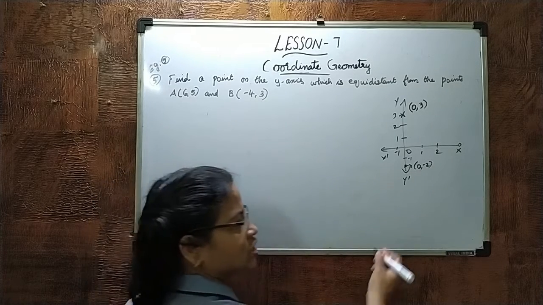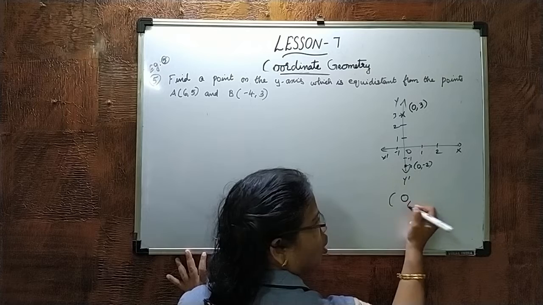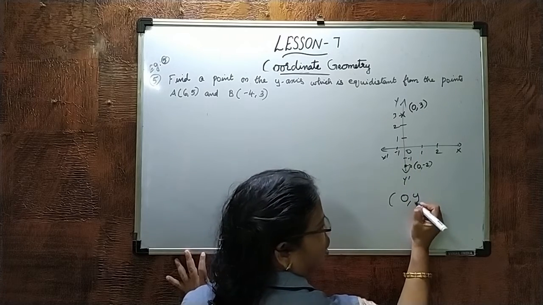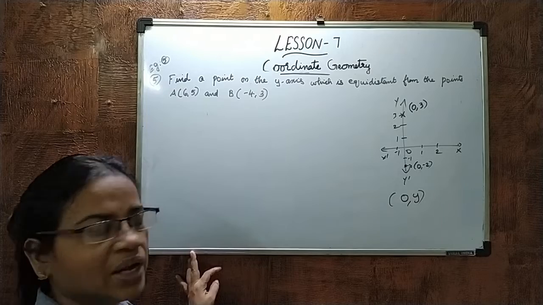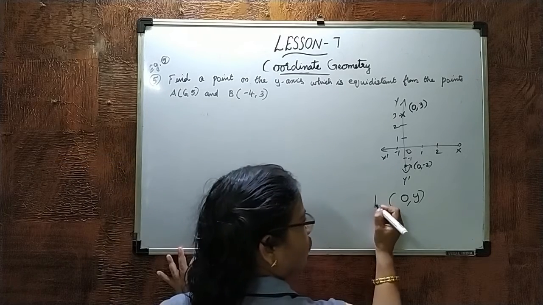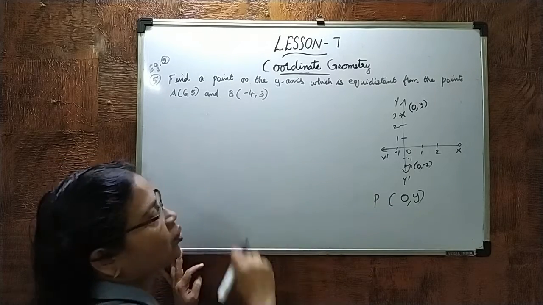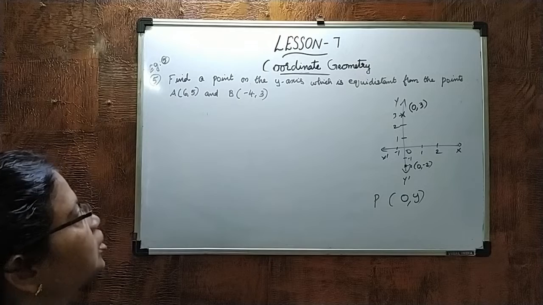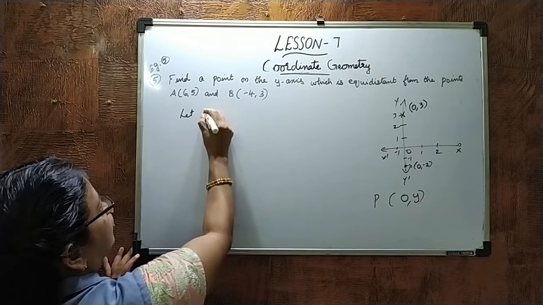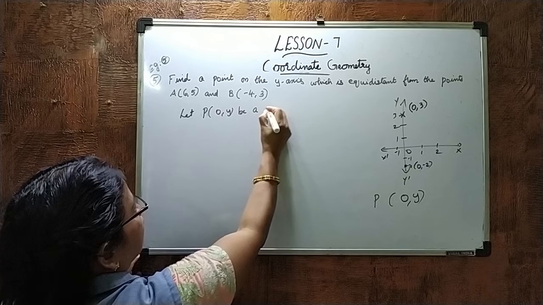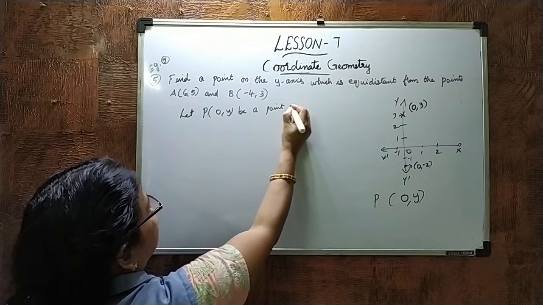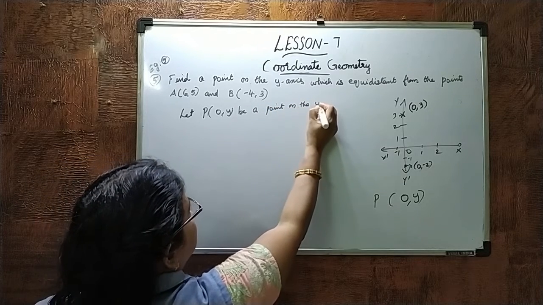On the y-axis, the point will be 0 and its y coordinate. It will be the point (0, y). So P(0, y) will be the point we are going to take. So let P(0, y) be a point on the y-axis.